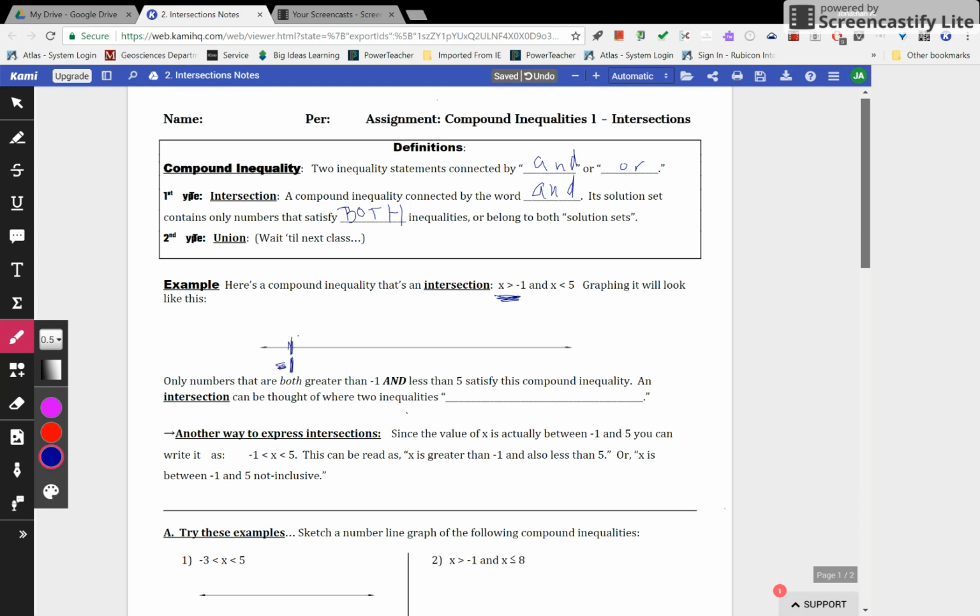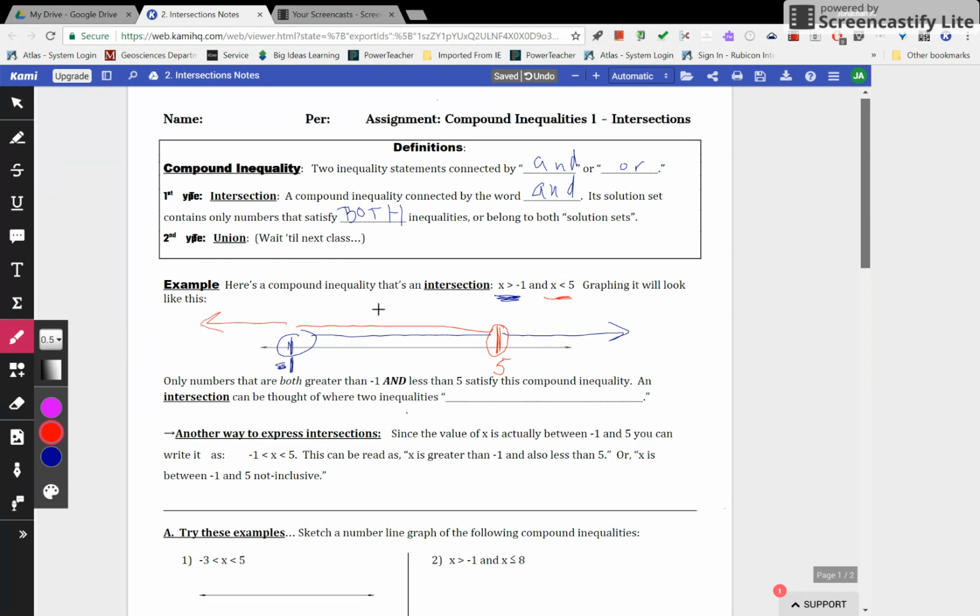I would do my open circle, and I would now shade my line that way. And then I could do my second inequality in red. Here's 5. Again, an open circle, and this time it's less than, so it's going to go this way. Now shade all the way that way.